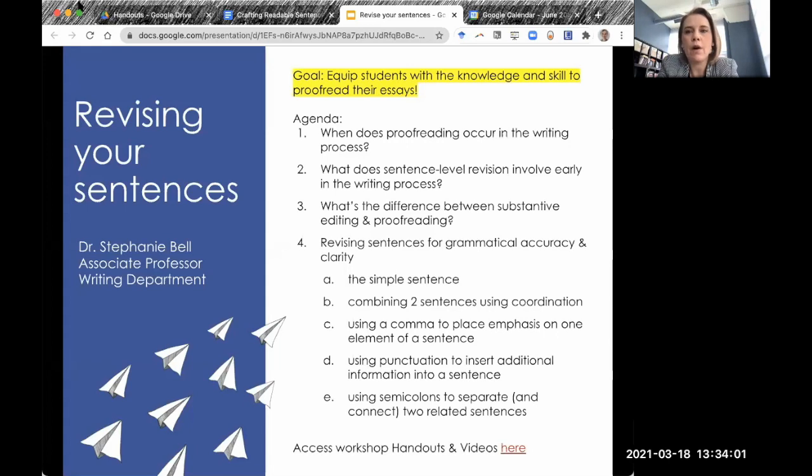And then we also have our one-to-one tutoring program in the Writing Center, which I highly recommend, even if what you're doing is working on things like proofreading, because as you'll see in this workshop, I recommend that you start building a personal list of typical writing foibles that appear in your own writing.